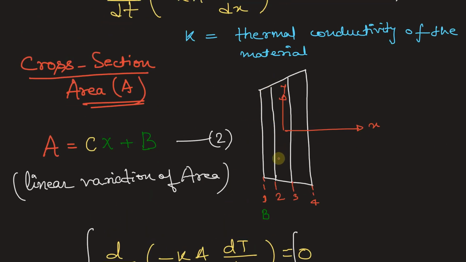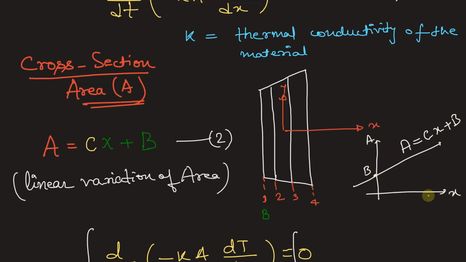Now if you observe this material at section 1 and at section 4, the variation of area is linear. So let's draw a graph something like this. The equation is A equal to Cx plus B. This point is B, this is area and this is x, so it is the variation of area with respect to x, and B is the intercept on the area axis.